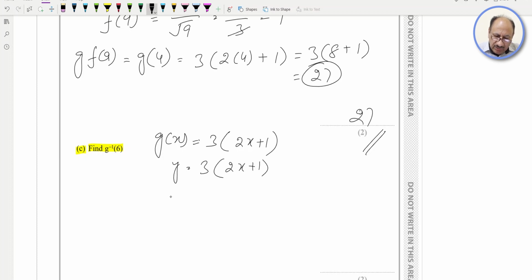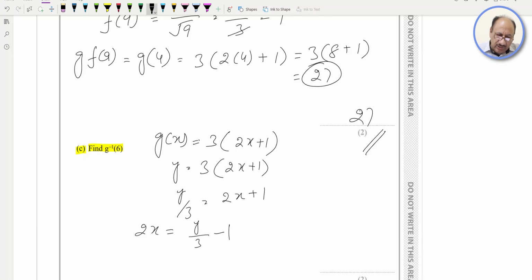Now we can make x the subject, so this will be y over 3 is equal to 2x plus 1. 1 also we can shift to the other side, so 2x is equal to y over 3 minus 1.